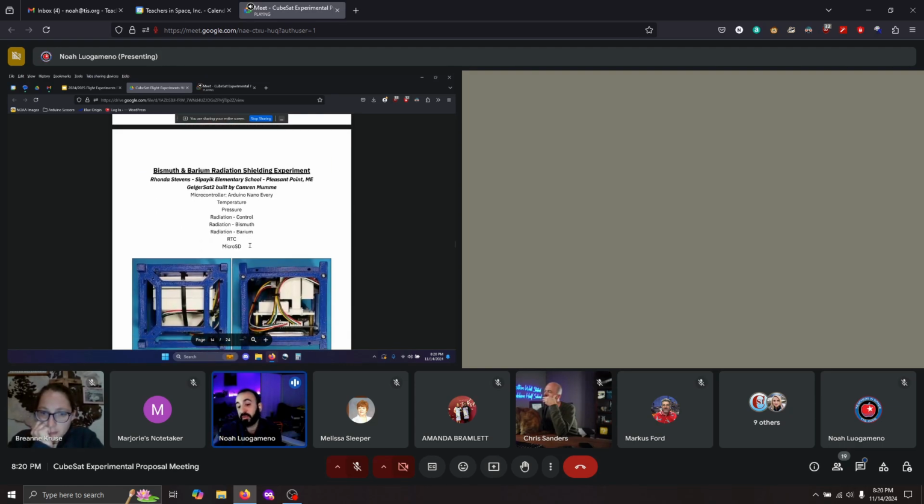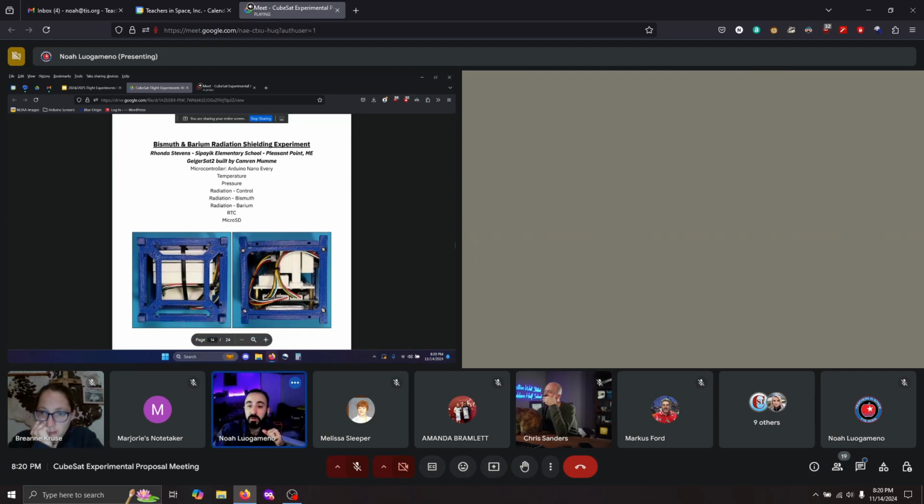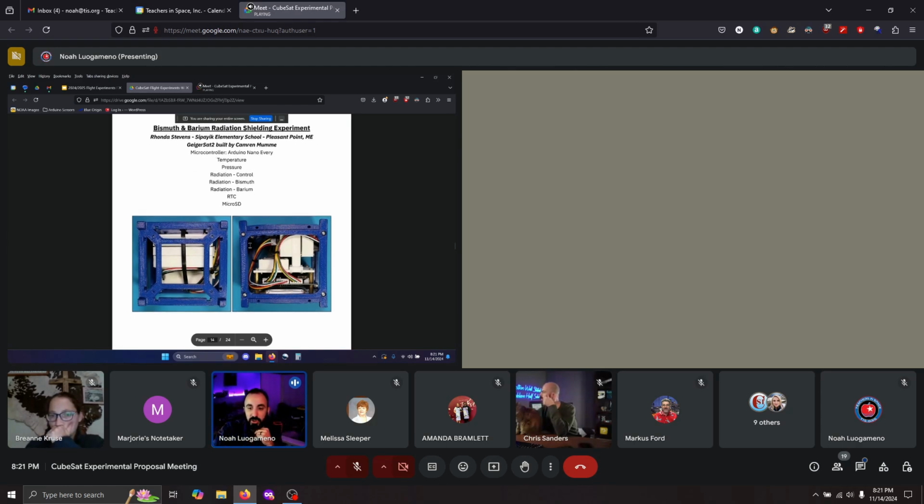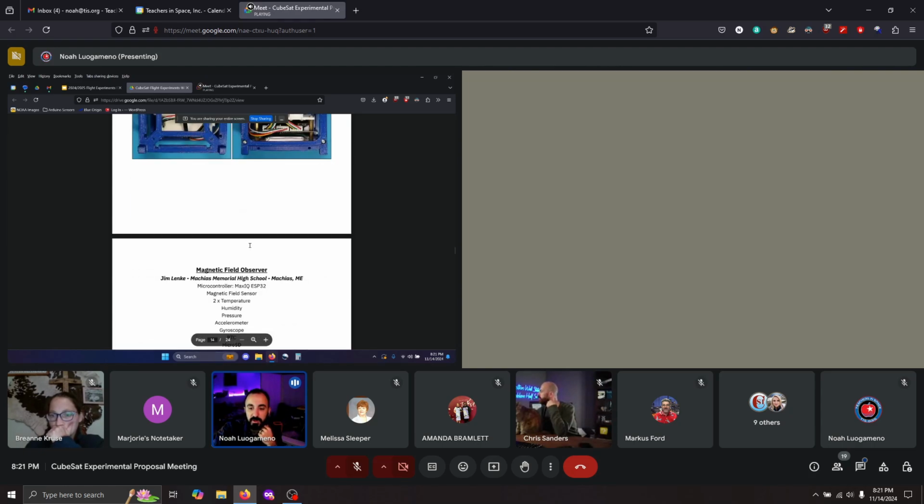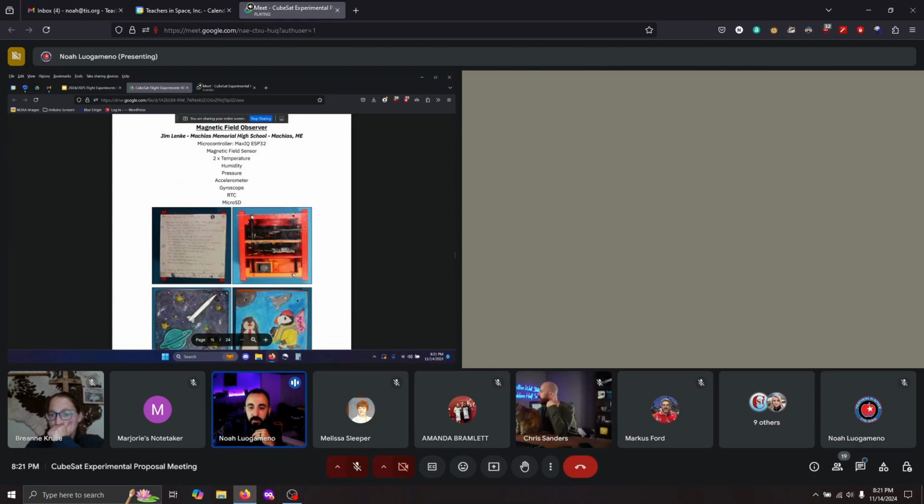Now, it would be absolutely awesome if you came up with a completely unique CubeSat build. But that's not absolutely required. So gain some insight from these. If you want to mimic some of these and compare your data to previous CubeSat flights, that's fine too. Maybe mix and match. Take a little bit from one of these and maybe a little bit from another.